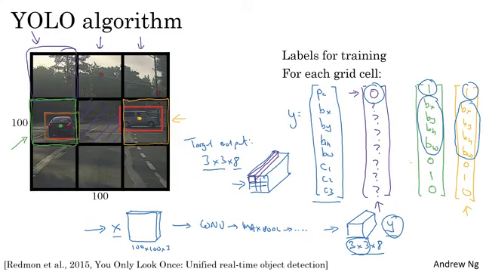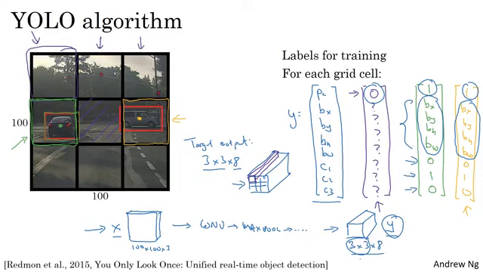And if there is an object, what object it is, and what is the bounding box for the object in that grid cell. And so long as you don't have more than one object in each grid cell, this algorithm should work okay. The problem of having multiple objects within a grid cell is something we'll address later.